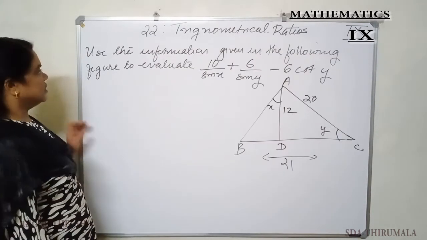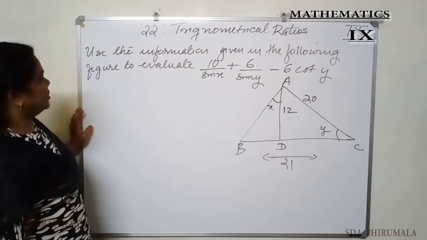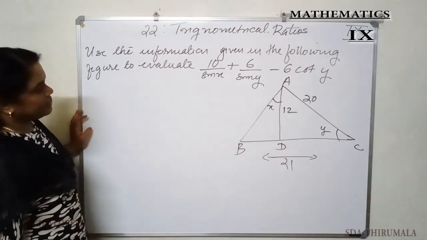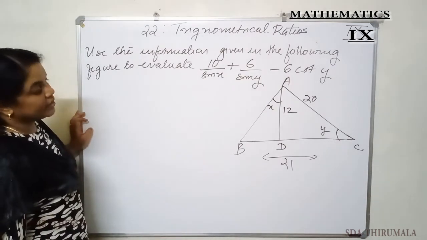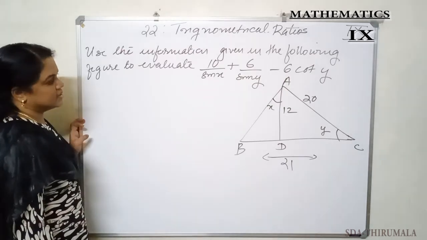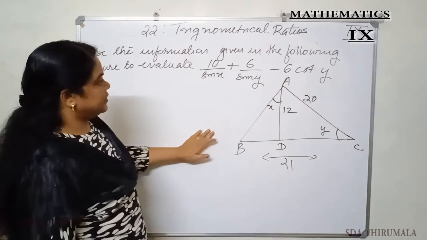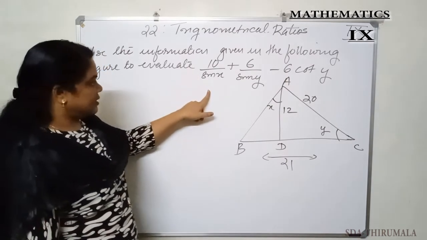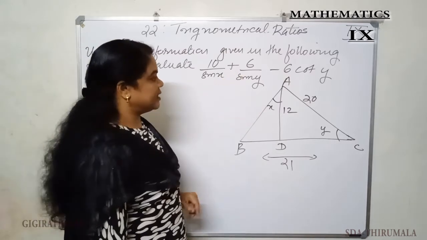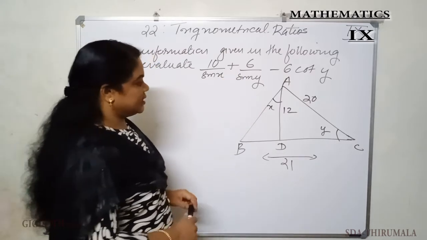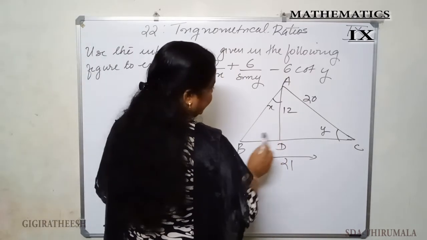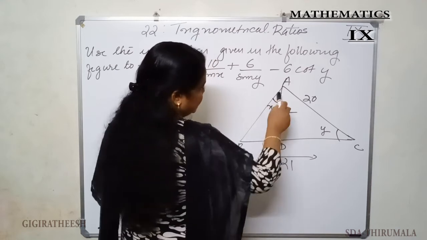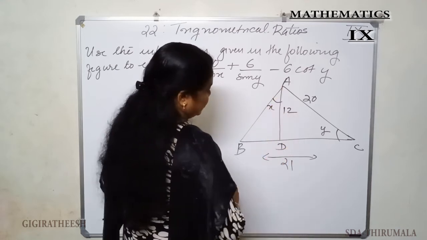Next question. Use the information given in the following figure to evaluate 10 by sin x plus 6 by sin y minus 6 cot y. Here is a triangle, and from A there is a perpendicular AD to BC.